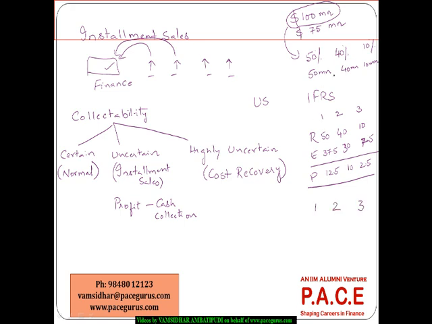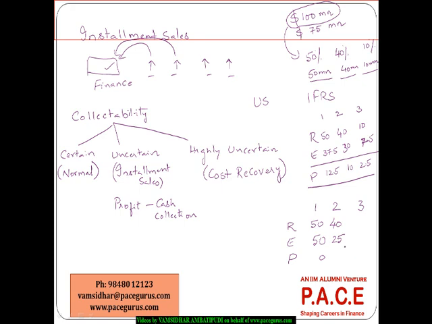Assuming the same example, where he has paid 50 million in the first year, 40 in the second, and 10 in the third, I'll not recognize the profit until I get my whole cash back. So in the first year, if I have received 50, the expense is also 50 and I show a profit of 0. In the second year, I have received 40, but only 25 of cost is still left, so I'll recognize 25 more.